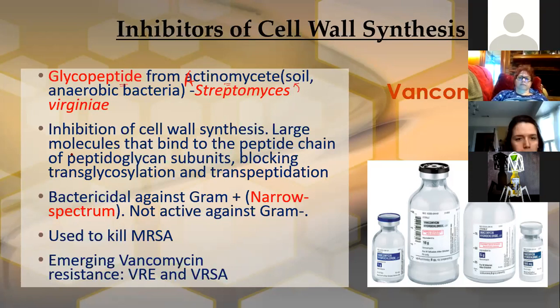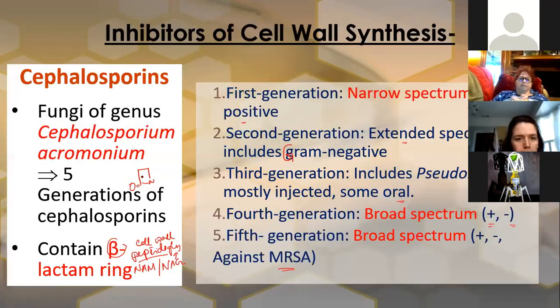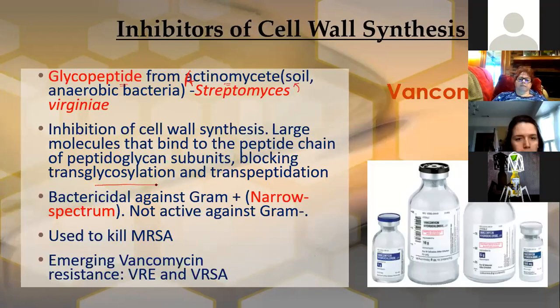They work on the inhibition of cell wall synthesis, large molecules that bind to the peptide chain of peptidoglycan subunits, blocking the transglycosylation. It's exactly the same as how the beta-lactam ring works. When they block NAG and NAM from making peptidoglycan, that's the transglycosylation.